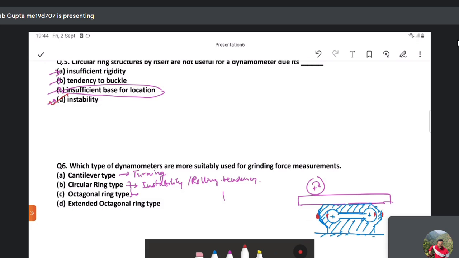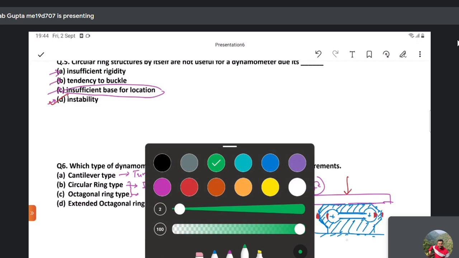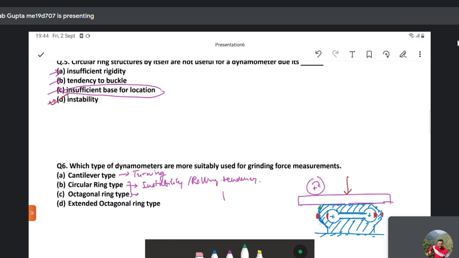These four strain gauges will be useful for measuring the vertical force, and these four strain gauges will be useful for measuring the tangential force. So the correct option would be the extended octagonal ring type dynamometer.